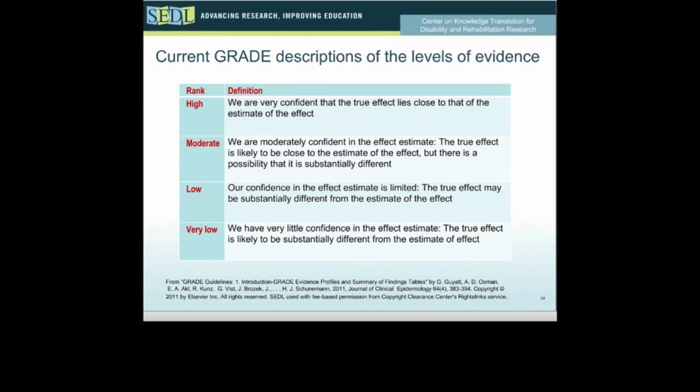Low is the true effect may be substantially different from the estimate, and lastly, for very low, it's very likely that the true effect is different. And this interpretation is not too far different from what AAN does in terms of the interpretation of its 4 levels, which they happen to call class 1, 2, 3, and 4.